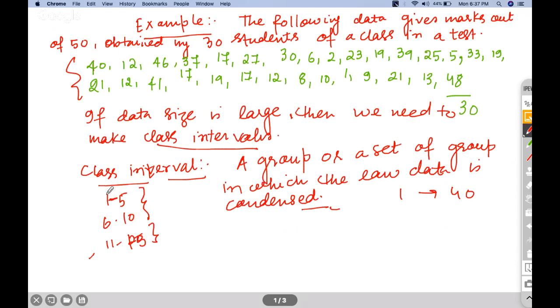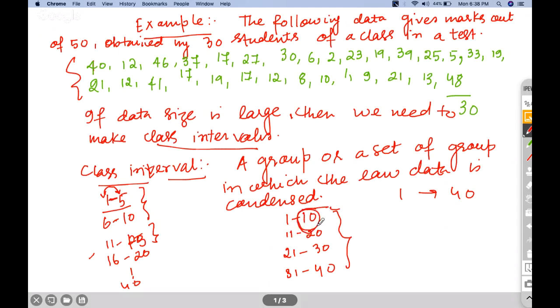Class size is the difference between the bigger number and the smaller number. So I'm taking a class size of 5, and here 16 to 20, and likewise till 40, or I can take class intervals of 1 to 10, then 11 to 20, 21 to 30, and then 31 to 40.